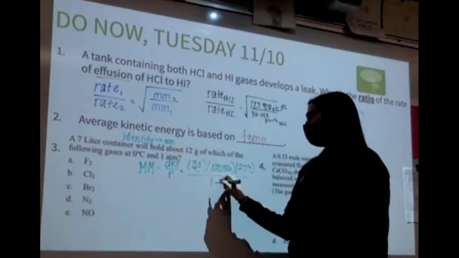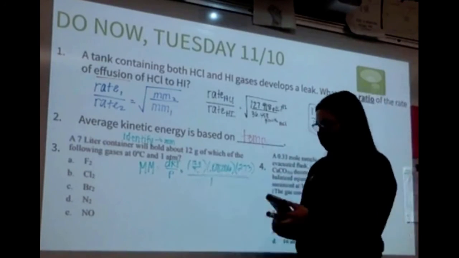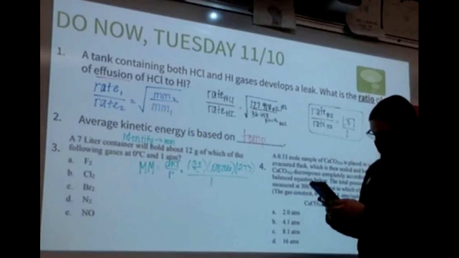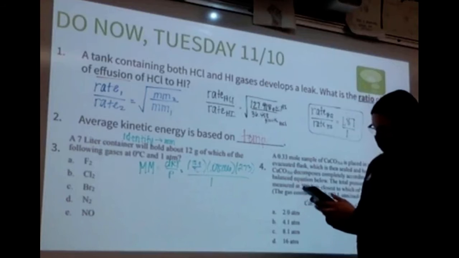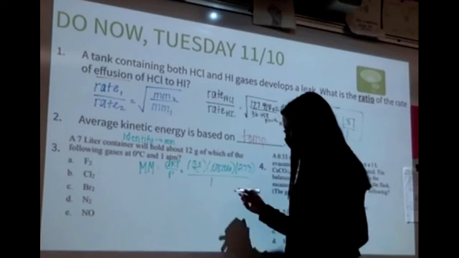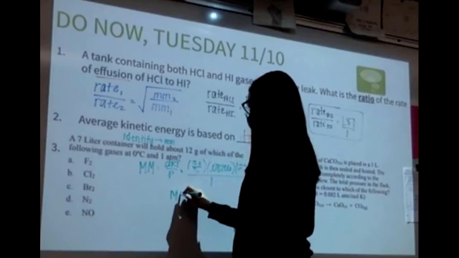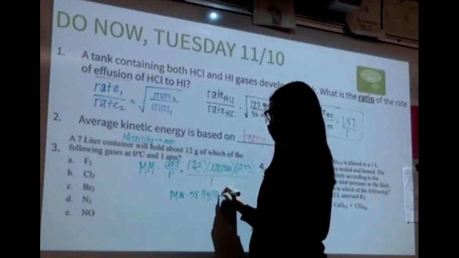And then 1 atm. So you have density, 12 divided by 7, times 0.08206, times 273, divided by 1, is 38.4 grams per mole.